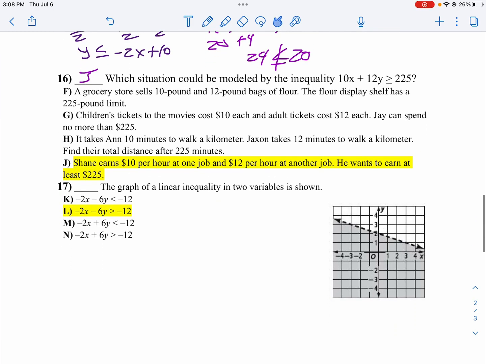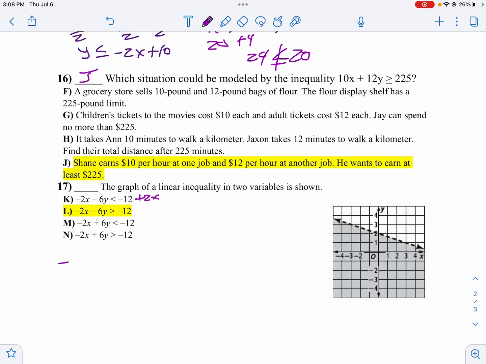In question 17, I want to graph my linear inequality in 2 variables as shown. And I don't see my x and y intercepts here. So let's go through each one and let's rewrite them so y is by itself. So on letter K, I'll end up adding 2x to both sides.